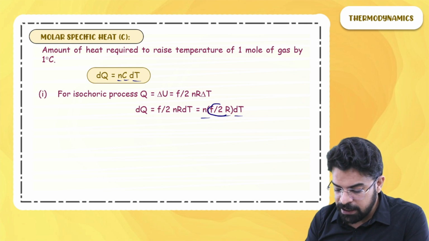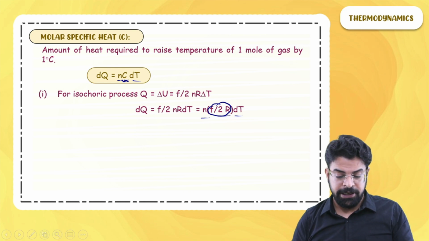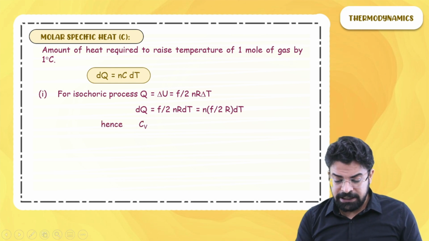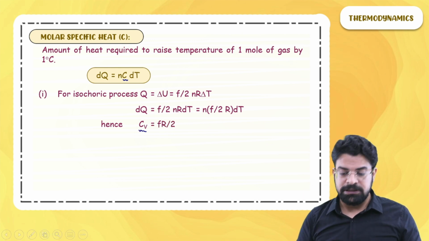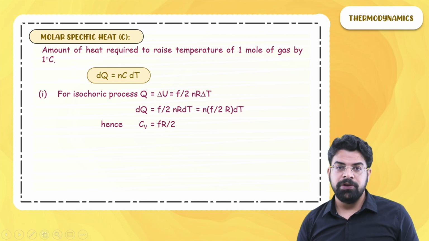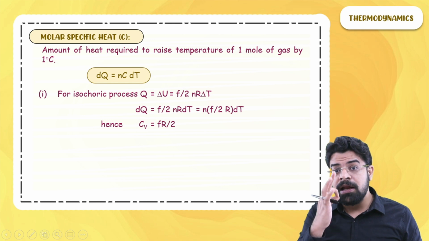So this something has to be the molar specific heat. So we say that the molar specific heat for an isochoric process, that is a constant volume process, is nothing but FR/2.